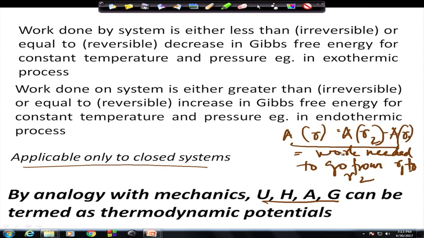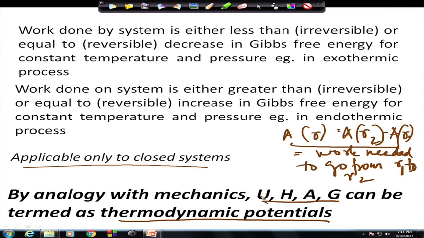If you compare, we find that in this case also U, H, A and G, their differences give us a measure of the amount of work needed for going from state 1 to 2, and they are independent of the particular way that we have chosen. So, by analogy with mechanics, all these four terms can be termed thermodynamic potentials, and they can be related to the useful work attained or performed on a system for different couplings of the system and surroundings.